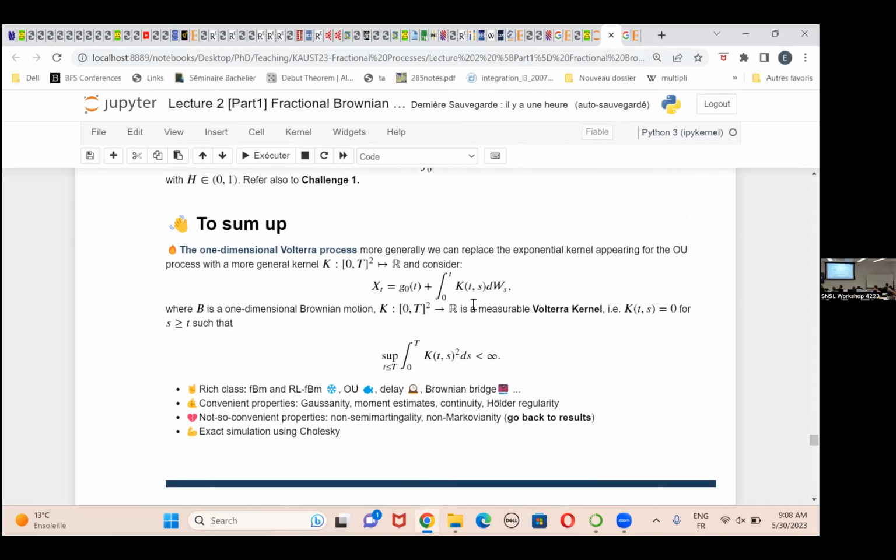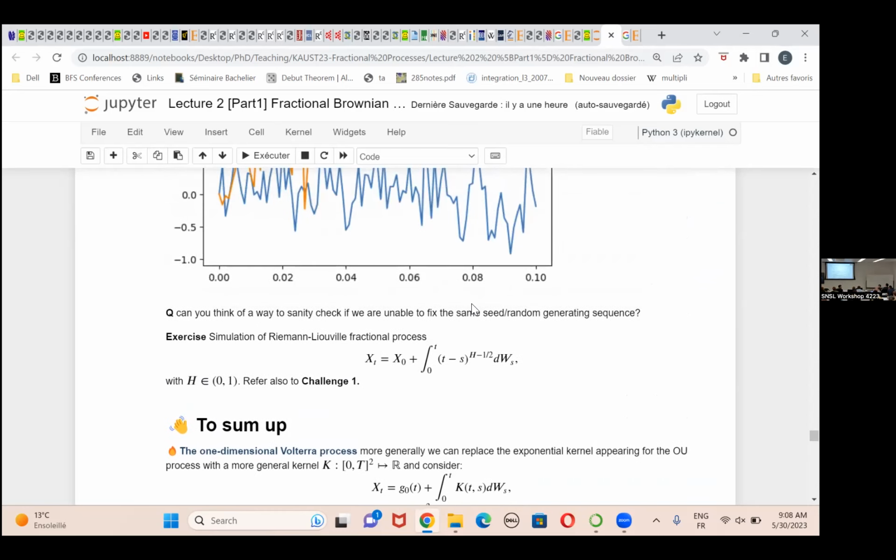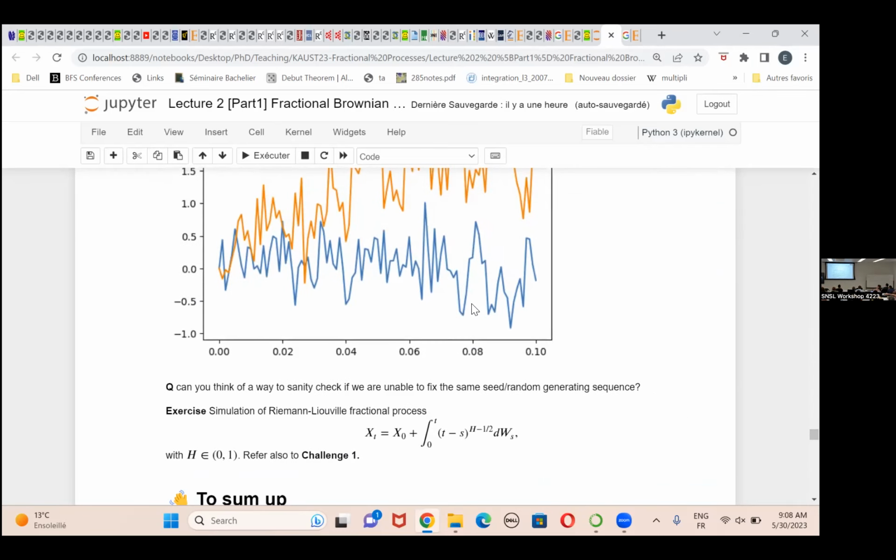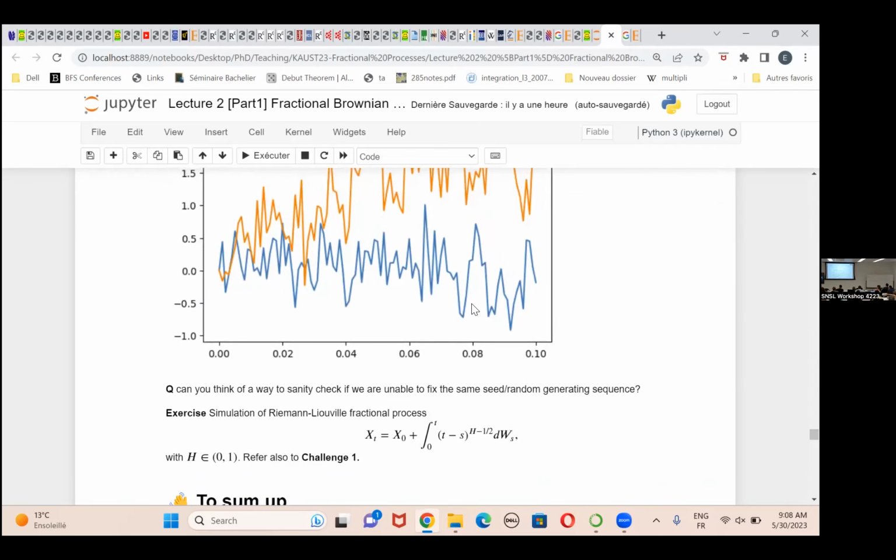Yes, question. For the fractional Brownian motion, the increments are a stationary process. Yes. This is a good question, but I don't think so. It's not sure.